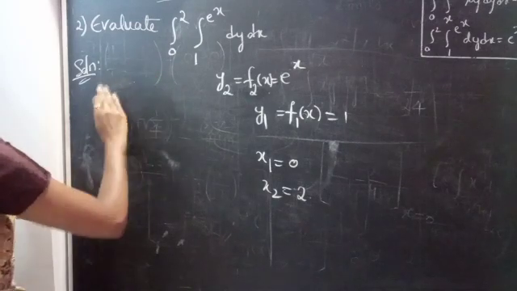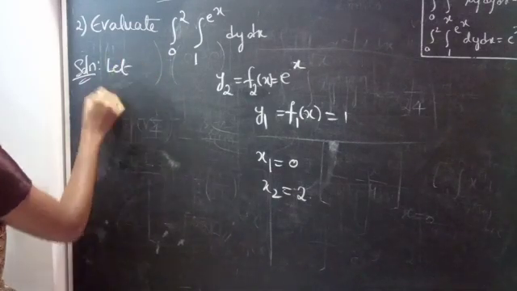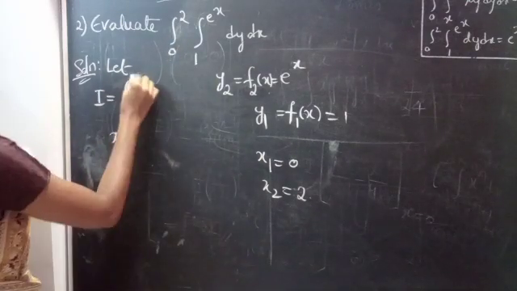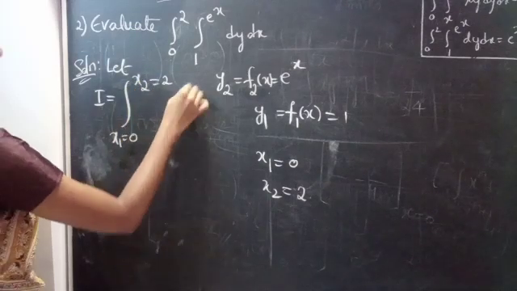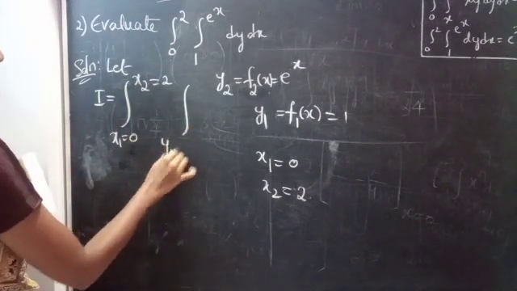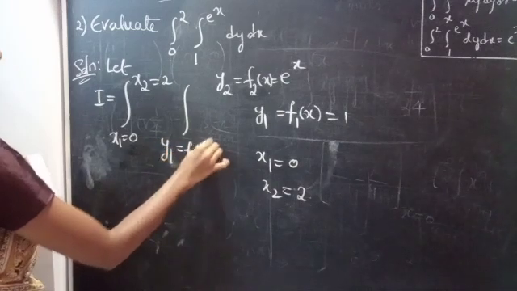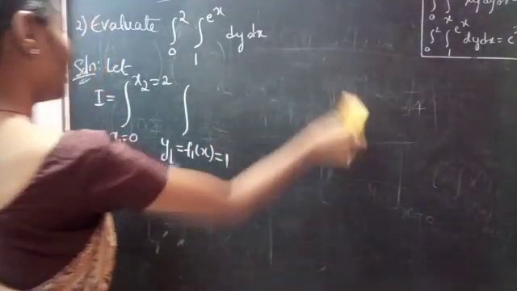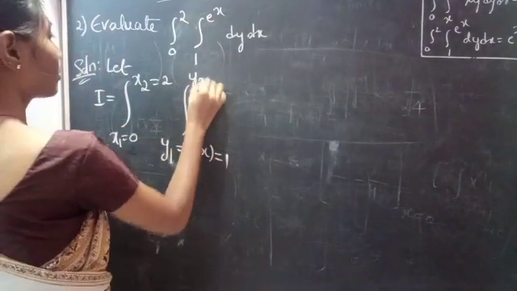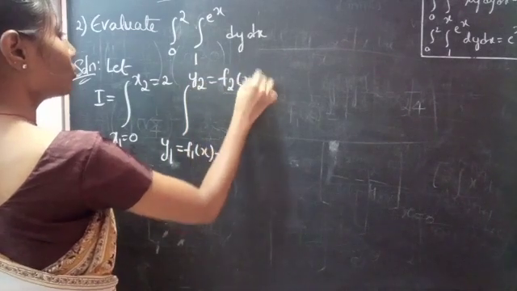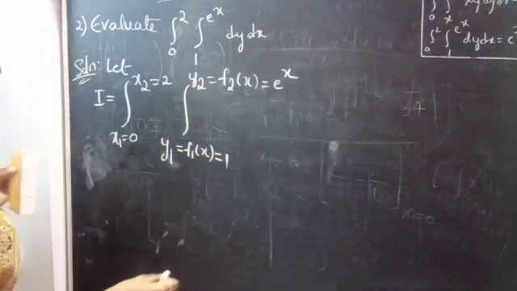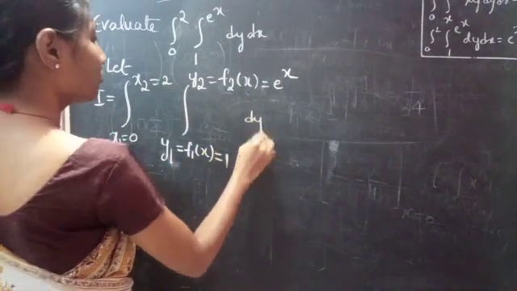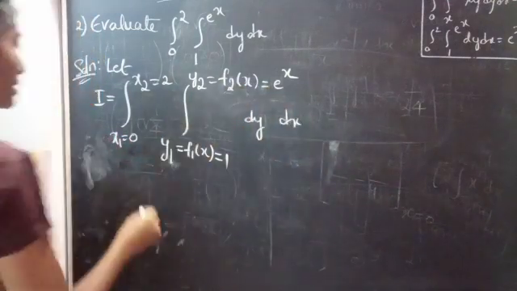Now, let I equal the integral, these are constants. So, x1 equals 0, x2 equals 2, and integral y1 equals f1 of x equals 1, y2 equals f2 of x equals e power x into, this is for y, so dy, and next we'll write dx.